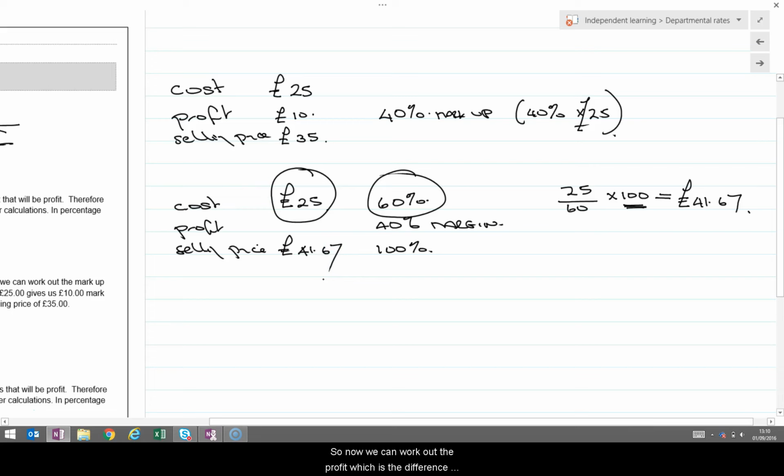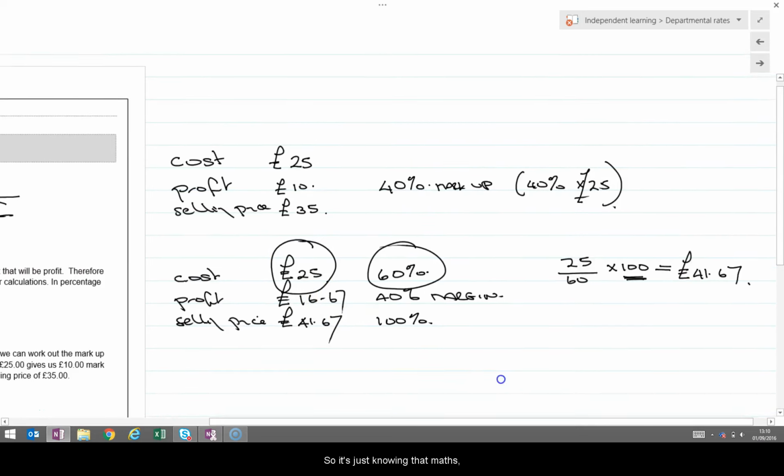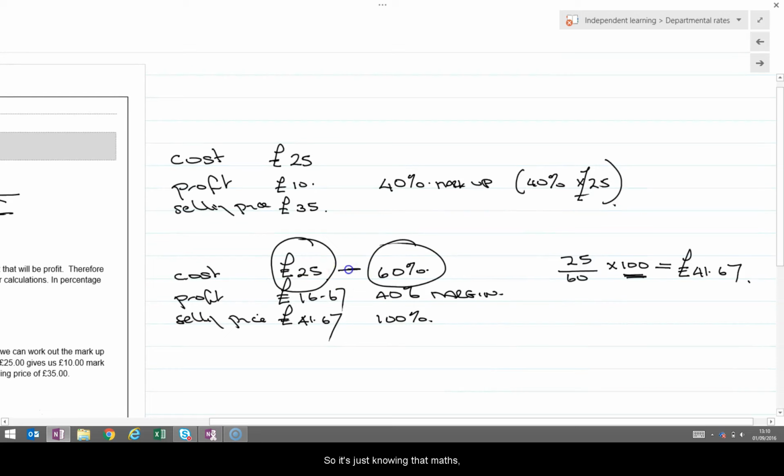So now we can work out the profit, which is the difference between the two, £16.67. Okay, so it's just knowing that maths. You're dividing your cost by your percentage and then grossing it up to 100% to give us the selling price.